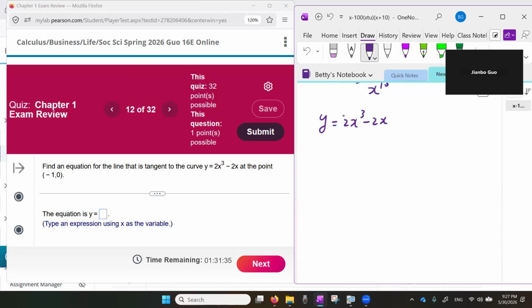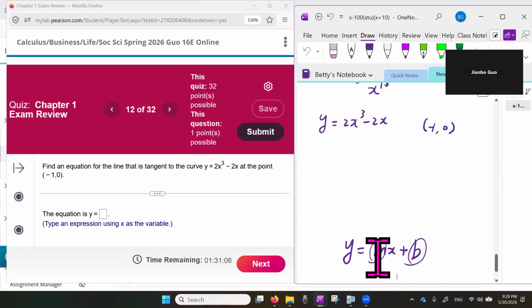So the point here is -1, 0, right? We want to find the equation for the tangent line at -1, 0. Our goal here is a straight line, and obviously, we need to write a straight line in slope-intercept form. Do you remember the slope-intercept form? Y equals mx plus b. So we need to know what m is and what b is, right?